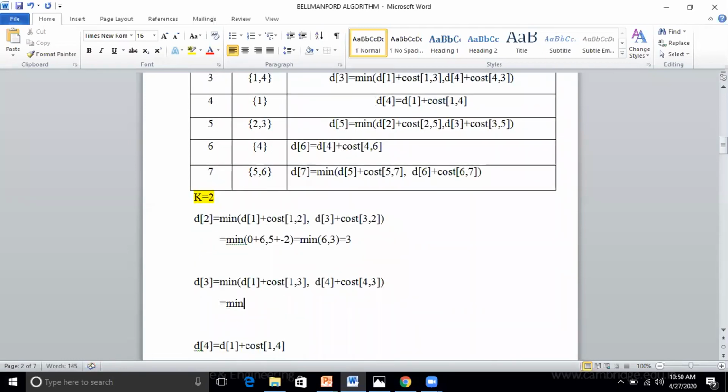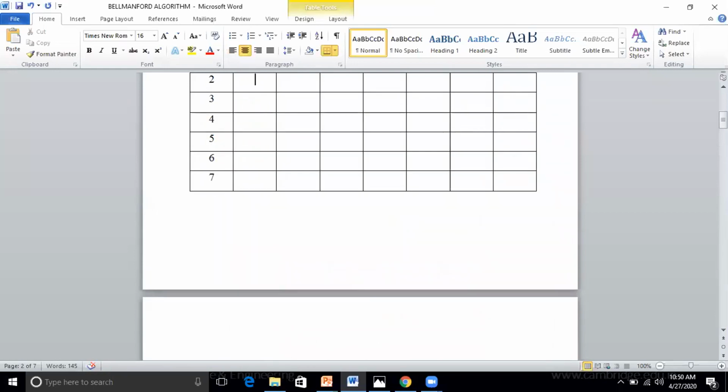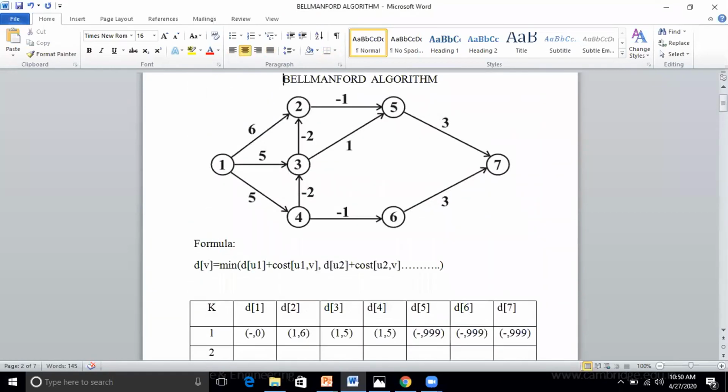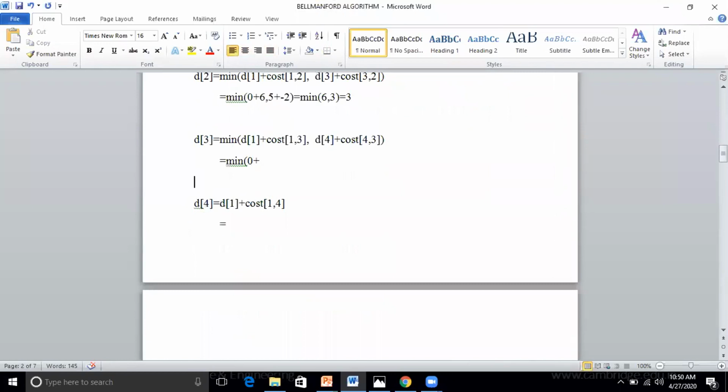d of 3 is min of, d of 1 is 0 plus edge cost from 1 to 3, which is 5. So it is 5, comma, d of 4.